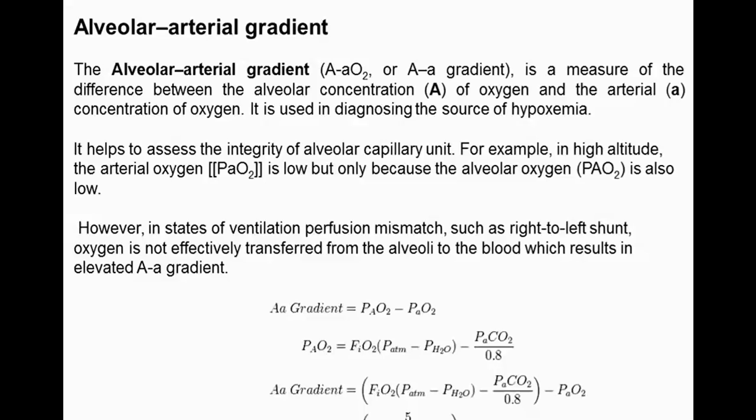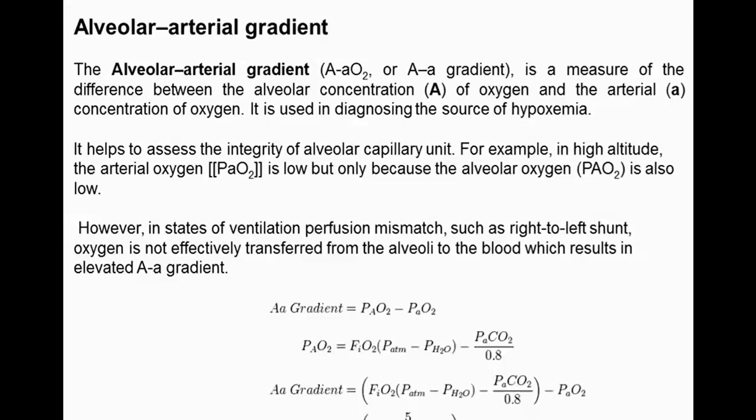So FiO2 by atmospheric pressure. We subtract the pressure of water from the atmospheric pressure because in our nose and respiratory tract the oxygen will be humidified. So the pressure of oxygen outside our nose and body will be FiO2 by barometric pressure.